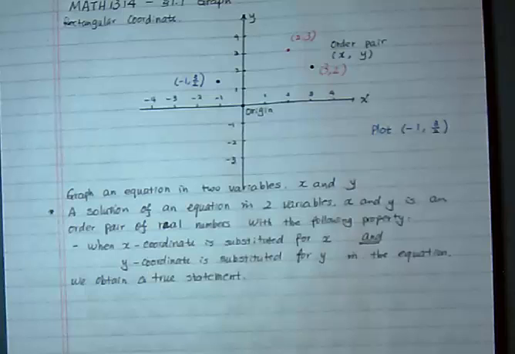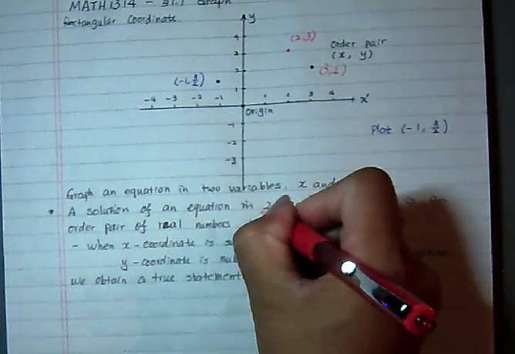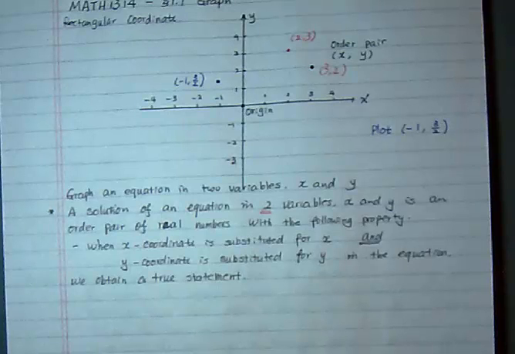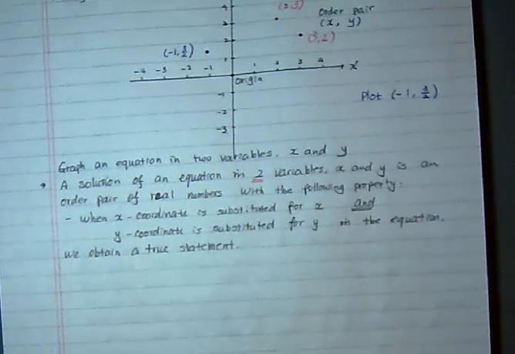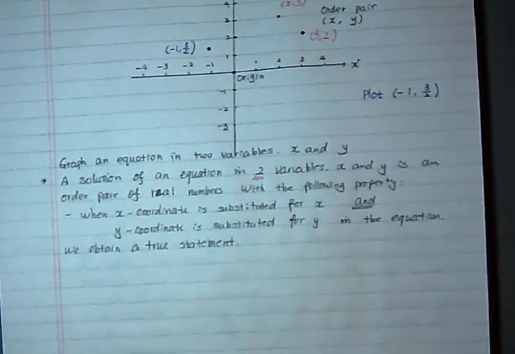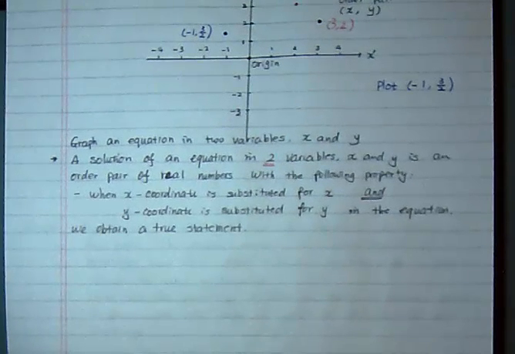A solution of an equation in two variables, x and y, and I'm emphasizing two variables because when there are three variables, you need to graph in space, is an ordered pair of real numbers with the following property. When the x-coordinate is substituted for x and the y-coordinate is substituted for y in the equation, we obtain a true statement, which is just what I said. If you plug both numbers of the ordered pair into the equation and it is true, that is a solution, but if it's not true, that is not a solution.